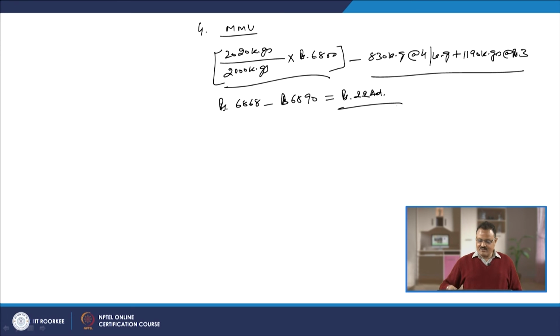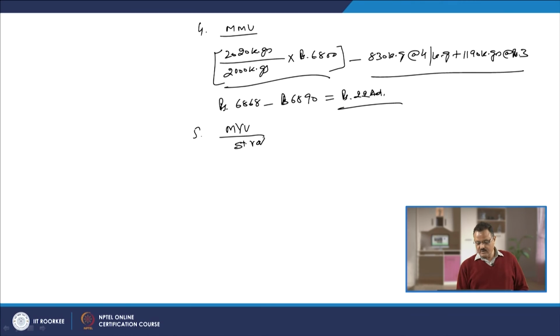And lastly, we calculate the fifth variance, which is called the material yield variance. In this case you have to apply the formula. What is the formula? I write the formula so that you can easily recall it: standard rate into actual yield minus standard yield, right.